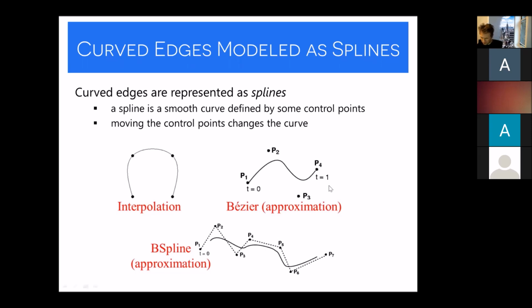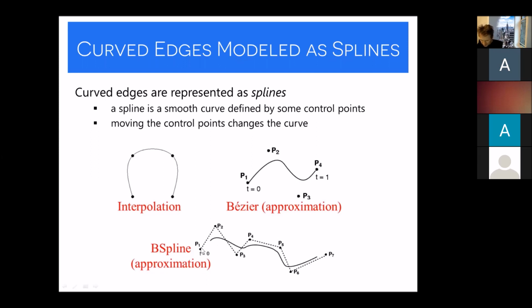That's a small detail, but by duplicating P1 and P4, I can make the line go to them. Depending on how many times I replicate a point, I can make the line go closer to it, so it's kind of like an affinity to that point. Here I've applied it multiple times.